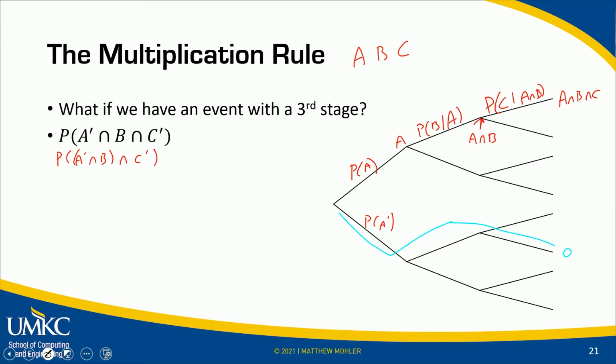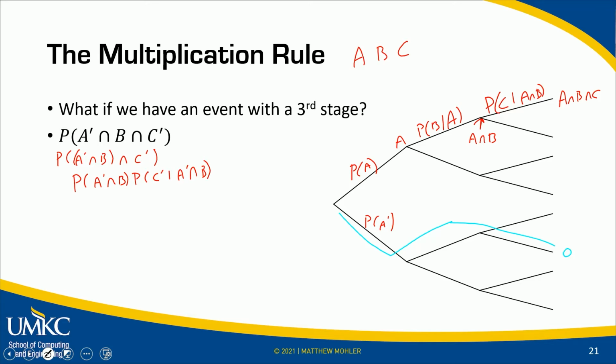Based on our previous slide, we can say that this is equal to the probability of A complement intersected with B, multiplied by the probability of C complement conditioned on A complement intersected with B. And again, that just follows from our conditional probability equation that we flipped back into the general multiplication rule.